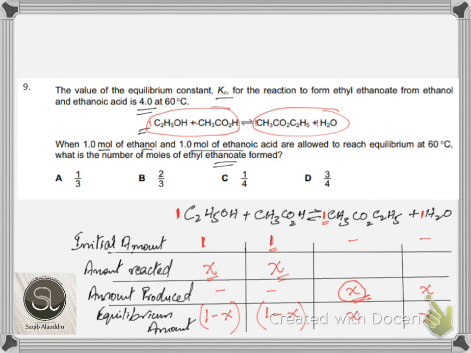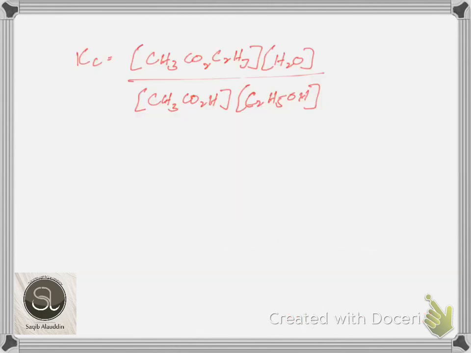Let me now substitute the values. In the question, Kc is given as 4. We just worked out the equilibrium amount is X for the ester, C2H5, X for water, 1 minus X for the acid, and 1 minus X for the alcohol.